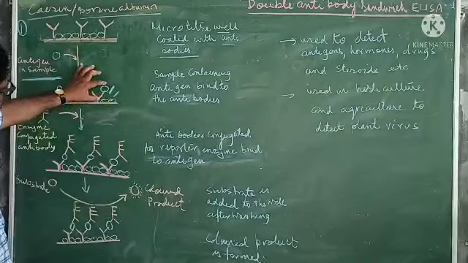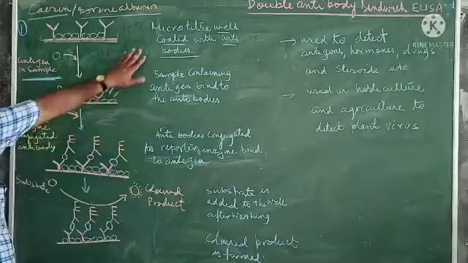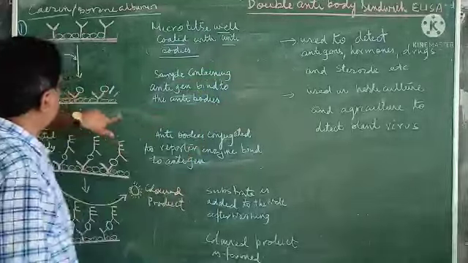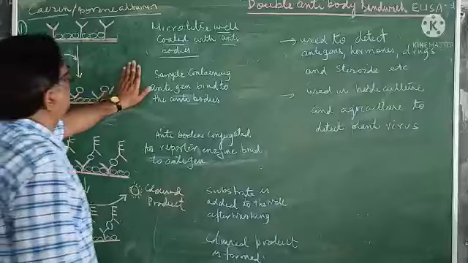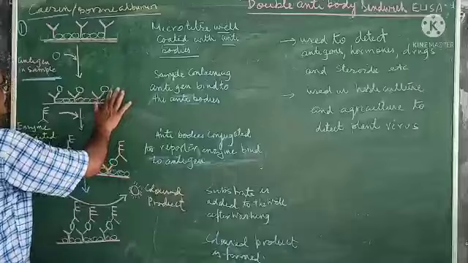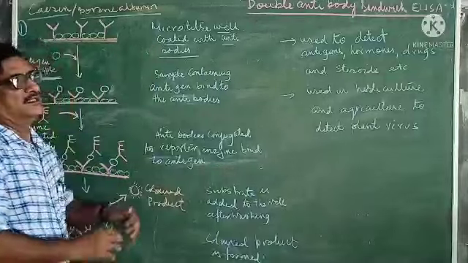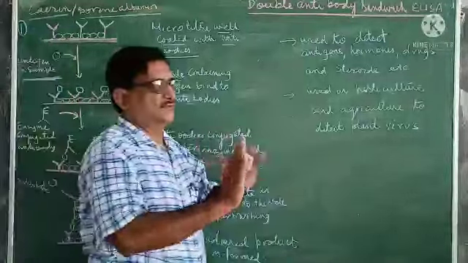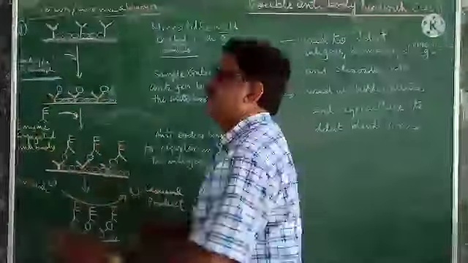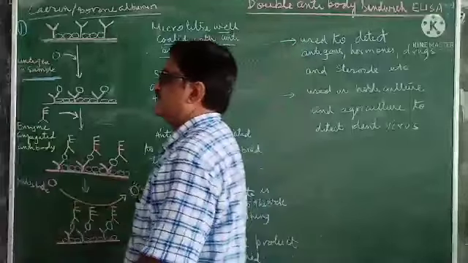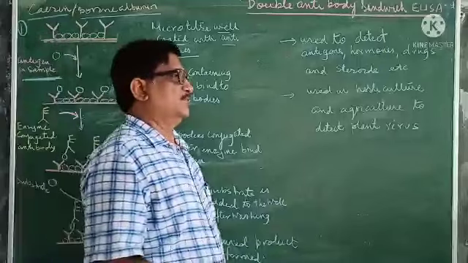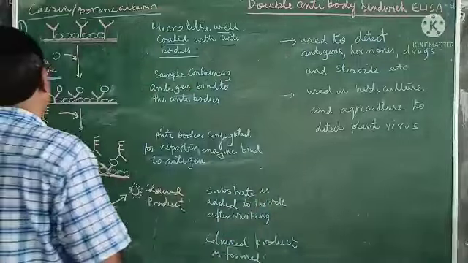Only these two required things will remain in the coated microtiter well, and all the other unrequired, undesired substances present in the sample will be washed off. This is required for the accuracy of the experiment.